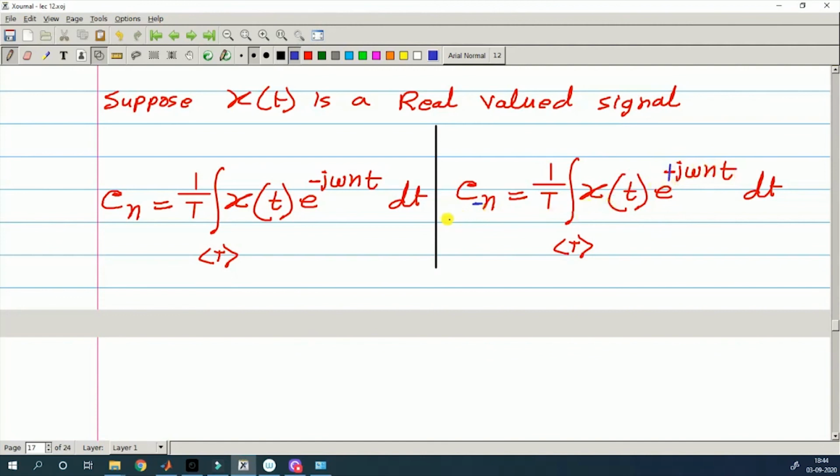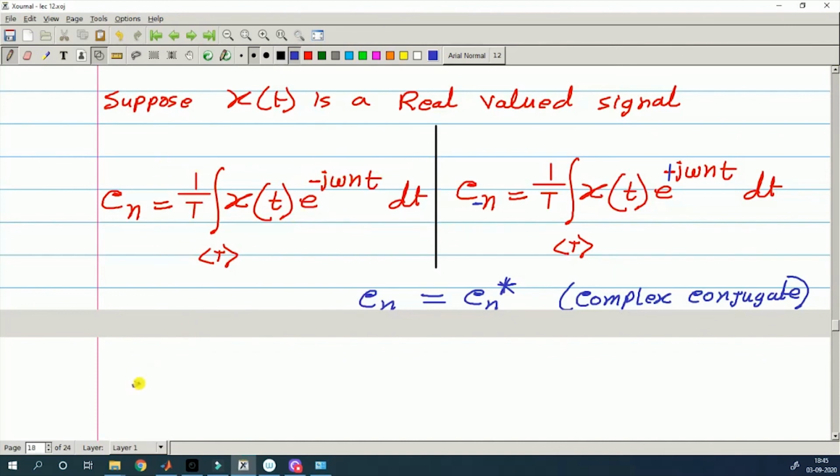Now you see that Cn is equal to Cn star, the complex conjugate. Why? Because x is a real number, t is a real number. This is the only complex part in this integration.